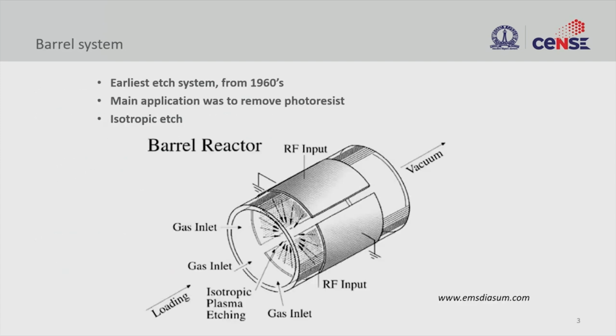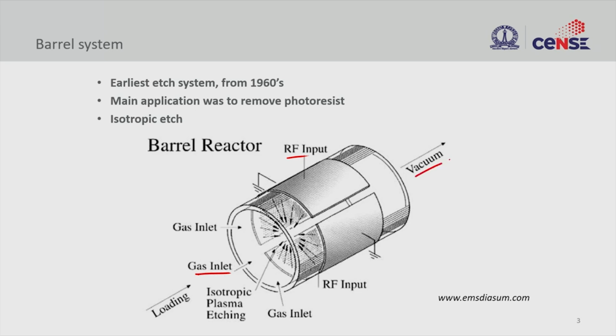So, the barrel reactor is a legacy system where you will see a barrel, right, that is surrounded by the electrode. The electrodes are fed with RF, and you can see this is a field electrode, and then you have a ground electrode here, and you have a gas that is going in, right.